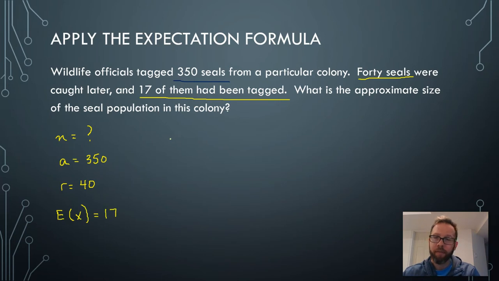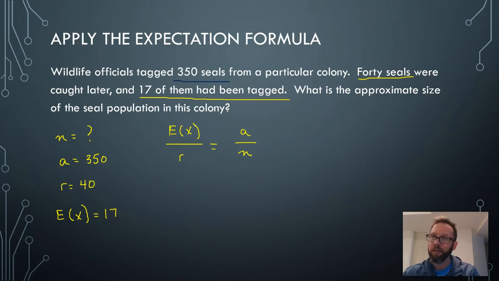So I might set this one up two ways. We'll see actually. So remember we talked about when we derive this expected value. The expected value over the sample size should be proportional to the number of successes in the population. So a over n is the number of successes in the population.